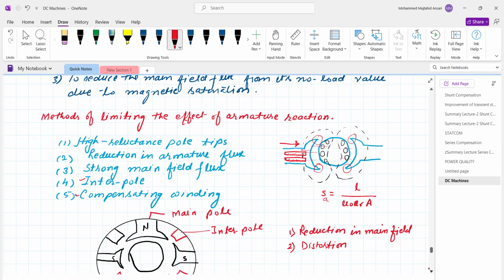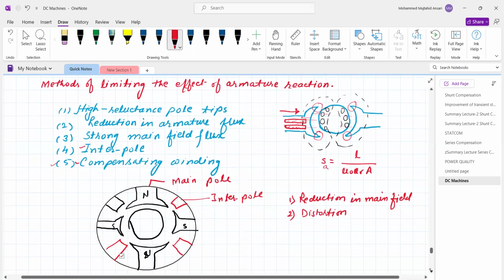And the second is the compensating winding. The compensating winding is an increase in the number of turns in the field winding, which is going to offset the distortion. It means we calculate how many turns are needed to compensate the effect of the armature fluxes. Whatever armature flux is created, the compensating winding creates the same amount of magnetic flux in the opposite direction, so it neutralizes, or compensates.